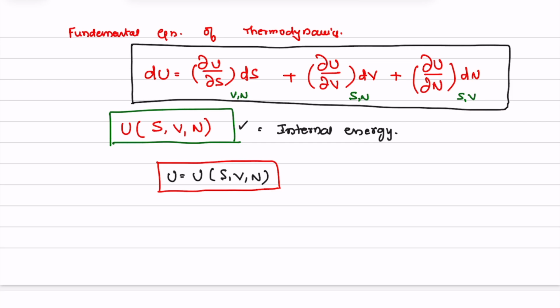Dou U by dou S, that means entropy is a variable. And dou U by dou V, volume is a variable. Dou U by dou N, number of particles is a variable. That means S, V, N are independent variables.